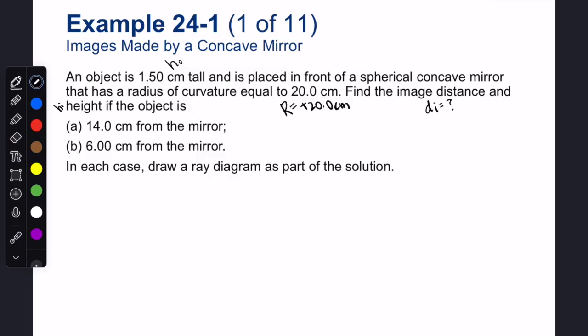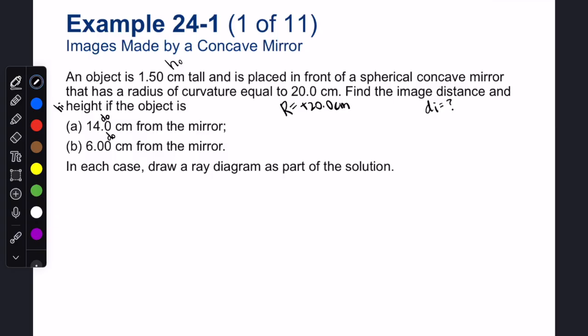The object is 14 centimeters from the mirror, so that's DO. We're given two possible DOs, and we're going to find DI and HI.